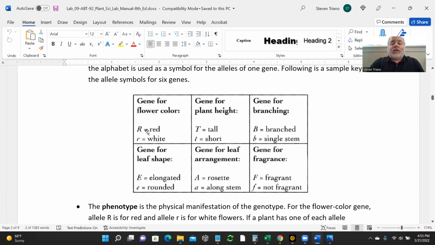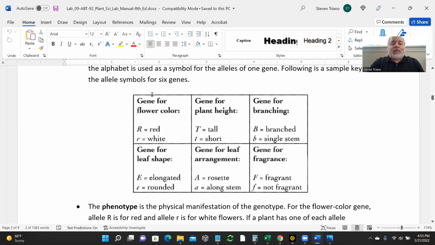And the dominant trait, the trait that pushes through to the phenotype, which we'll look at in a moment, is the one that is granted the capital letter designation, and the lowercase letter is for the other, or what's called the recessive allele.